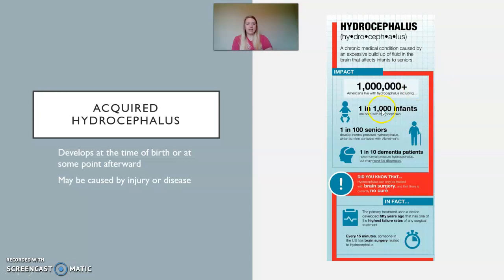Now, it does say down here that every 15 minutes somebody is having brain surgery due to hydrocephalus. So this just tells you that it's very common. There's no cure. It's got many factors that could cause the hydrocephalus.